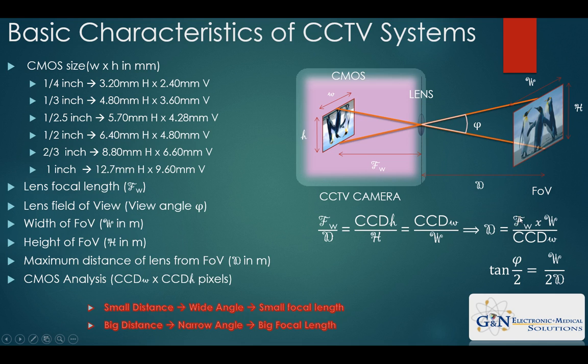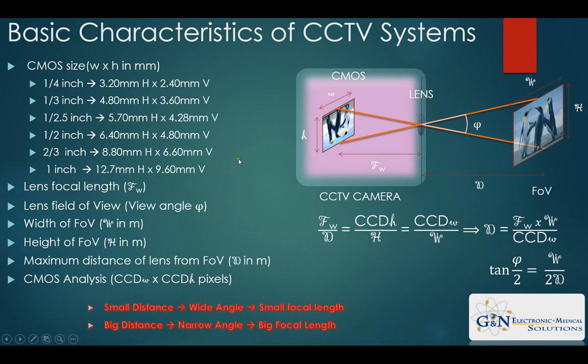It comes from this formula, which is the focal length multiplied by the width of the scene, divided by the CCD width. And of course, half of the tangent of the field of view angle is equal to the width versus double the distance from the scene.